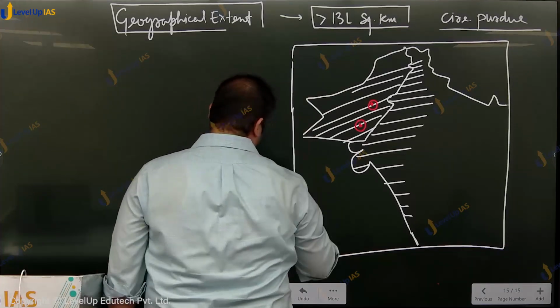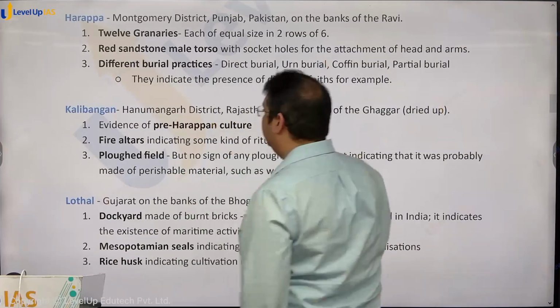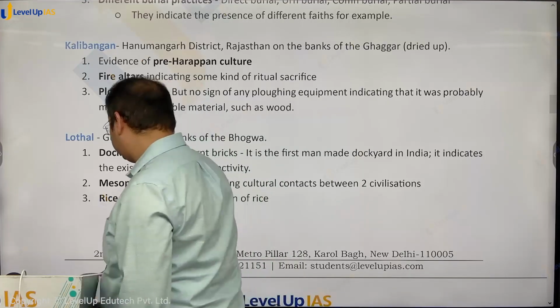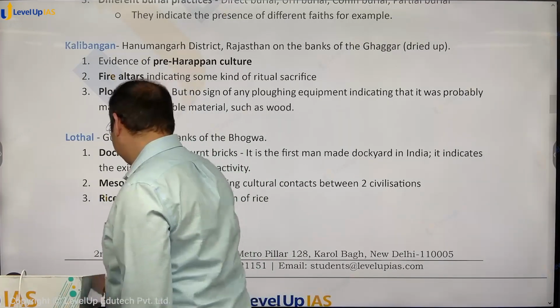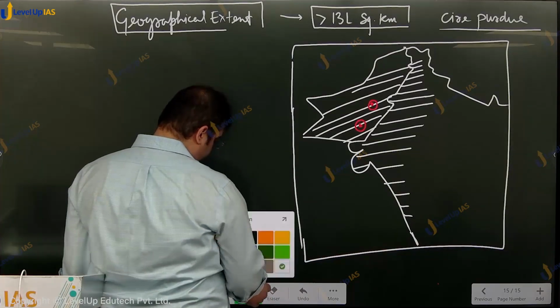The next site that we have, that is Kalibangan. कहां पर लोकेटेड है?